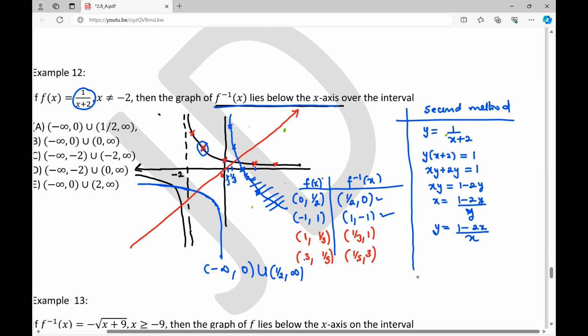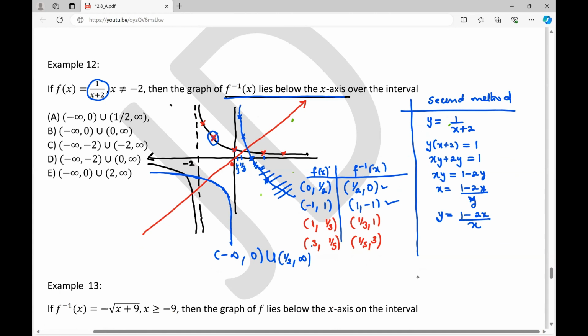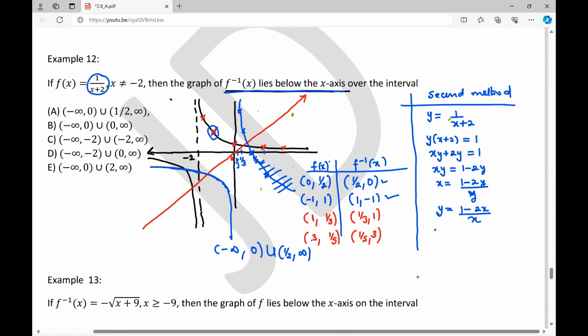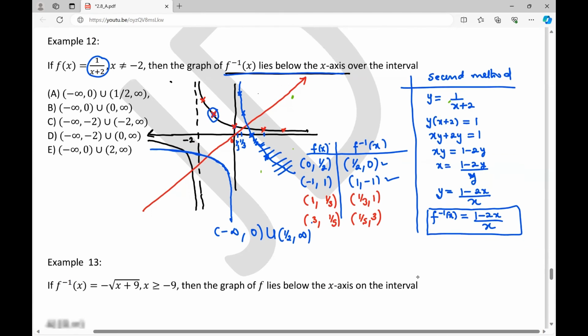Now it means that your f inverse of x simply equals 1 minus 2x all over x, right? Okay, but here we know x cannot be 0, right?